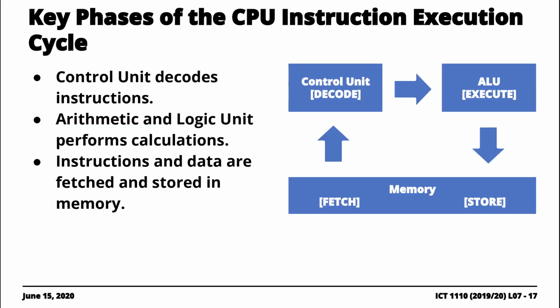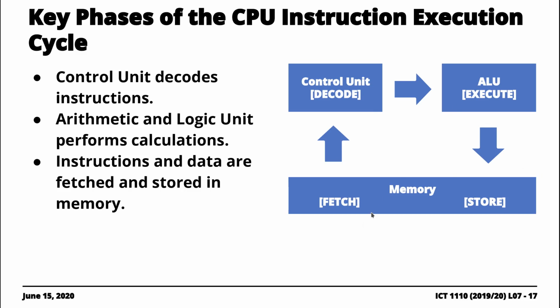So it turns out there are 4 key phases. Sometimes literature will cite only 3 of these. The store phase is normally not cited, but it's just 4 phases. Typical execution of those individual instructions associated with computer programs involve 4 key phases: fetching, decoding, execution, and storing of results.